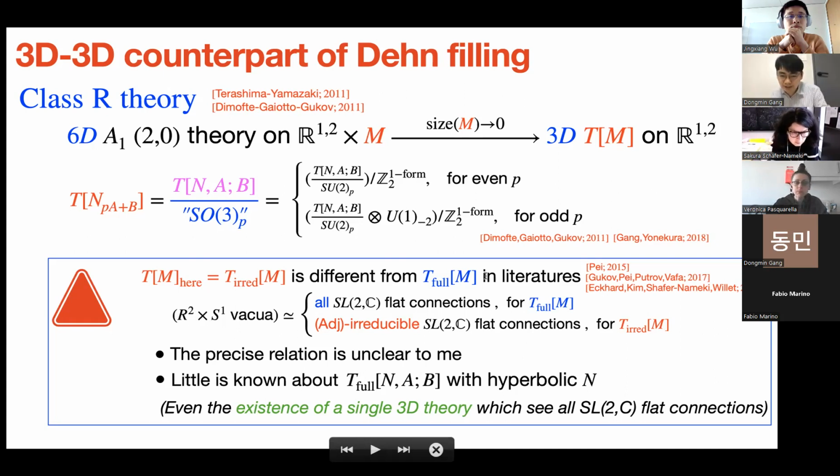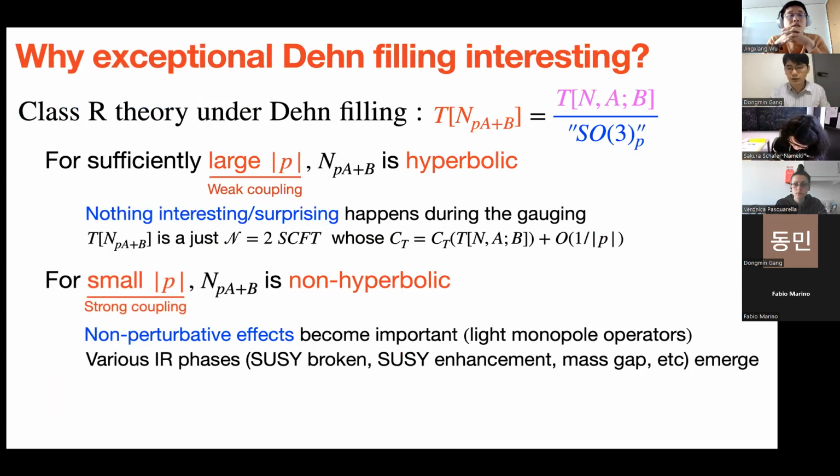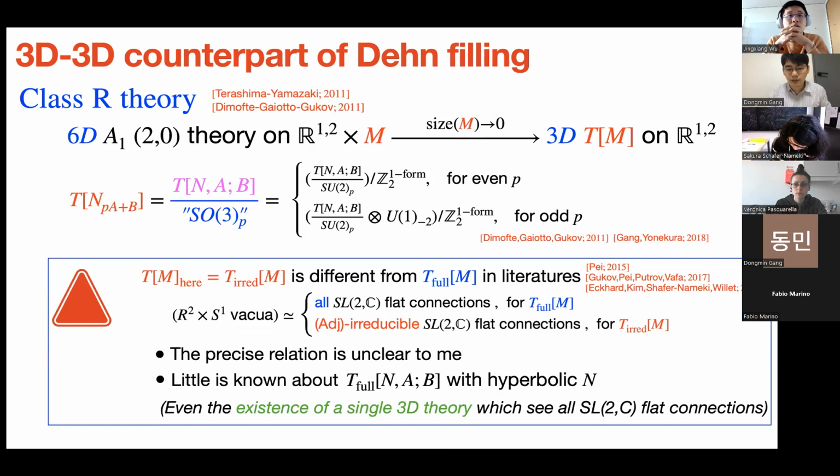Yeah, in some non-hyperbolic cases, people found some field theory description which represents all the vacua. But you're saying for the hyperbolic case. Yeah, hyperbolic cases, we are not sure whether there should exist one. And how do I see the difference from the compactification? Yeah, that I don't know exactly.